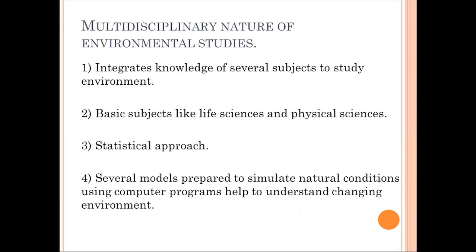Now, in order to understand the environment, one has to understand basic subjects like life sciences and physical sciences. For studying environment, one needs to know the composition of different species that are present, that may be plants, animals, bacteria.